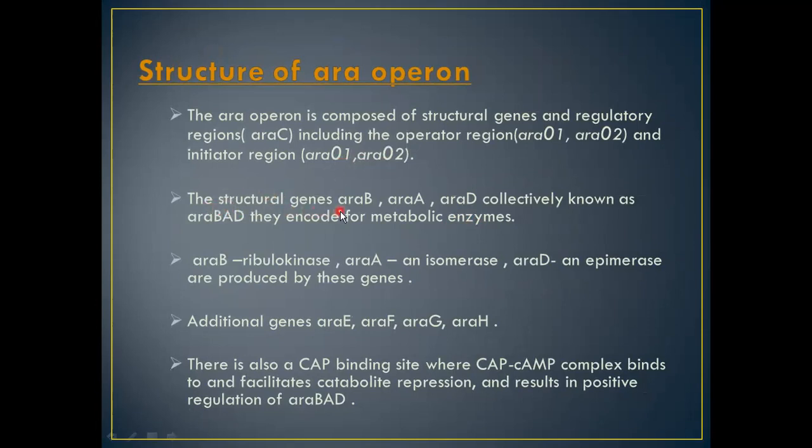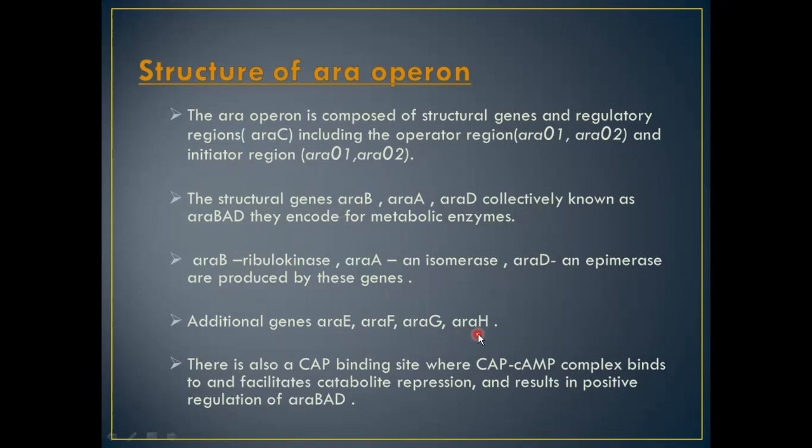The structural genes ara-B, ara-A, and ara-D, collectively known as ara-BAD, encode metabolic enzymes. ara-B codes for ribulokinase, ara-A for isomerase, and ara-D for epimerase. Additional genes, ara-E, ara-F, ara-G, and ara-H, are present in this arabinose operon.